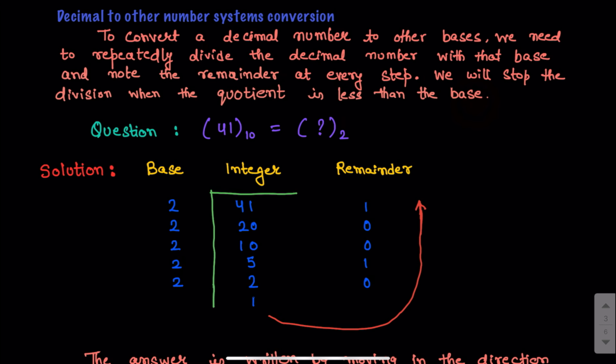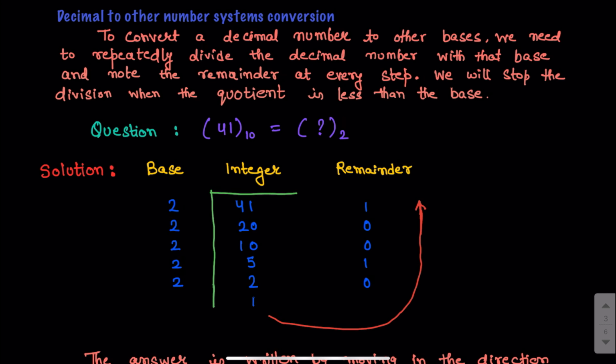Okay. So let's try to understand with the help of an example. Let's say I am being given the question that I have to convert a decimal number 41 to binary. So what do I need to start with? As per the process, I need to divide with the base. So let me write the number that I want to convert, that is 41, and I write down the base over here, that is 2.